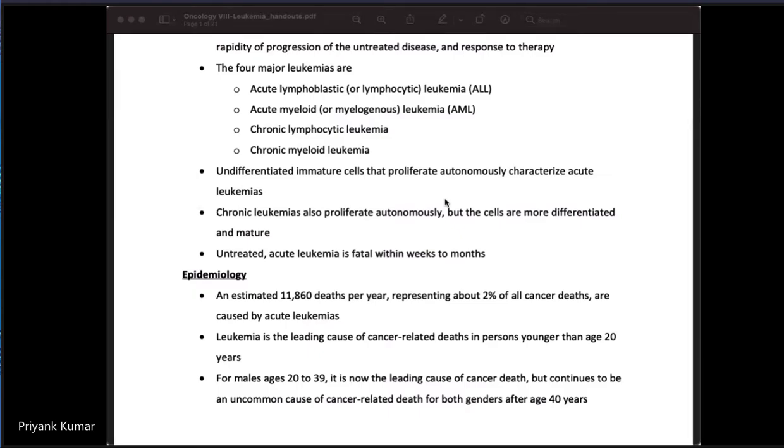The difference between chronic and acute leukemias is that acute leukemia starts in the undifferentiated immature cells. The proliferation is autonomous. Okay, in chronic leukemias, the proliferation is autonomous here as well, but the cells are more differentiated and matured. Okay. Now, acute leukemias, if they are left untreated, are fatal within weeks to months.